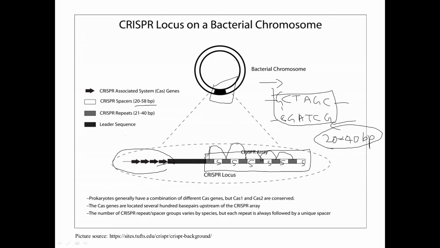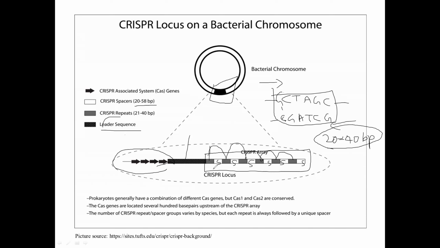And before this CRISPR array, you have a leader sequence. This leader sequence actually acts like a promoter sequence, which regulates the expression of the CRISPR RNA. So this is actually the CRISPR locus.